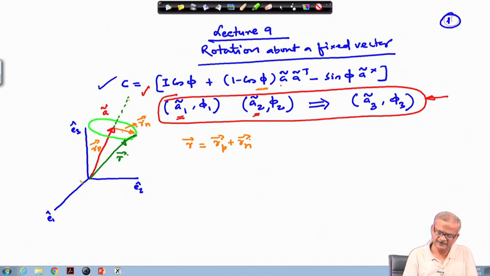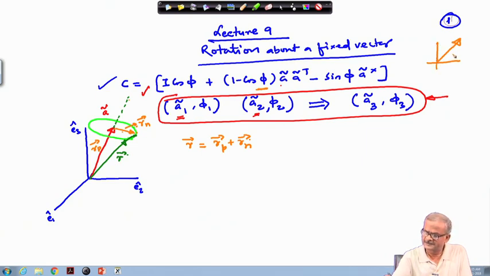Now, instead of considering that this frame is being rotated, consider just the opposite, that there is a vector r which is being rotated from this place to this place by minus phi. Already we have seen that if we have one vector like this and we rotate the frame by theta, that is equivalent to rotation of the vector in the opposite direction by minus theta, keeping the frame fixed. So, the same principle is applied here.